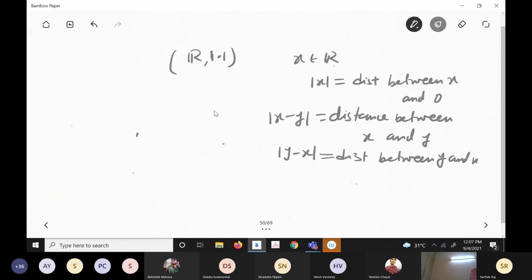Like if you have a point here, once you are mapping from x to y, you are stopping at y, that means y minus x. This is the distance x to y, and when y to x you come here, then you are coming this way. Then this one, y to x, sorry, x minus y. Okay, one is the distance from x to y, the other one is the distance from y to x.